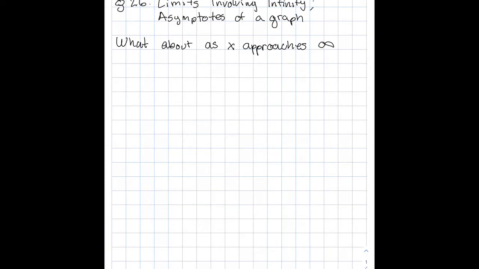Can we just plug in infinity? Infinity isn't a real number.